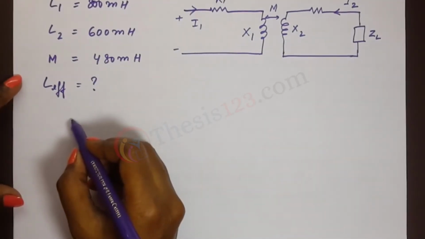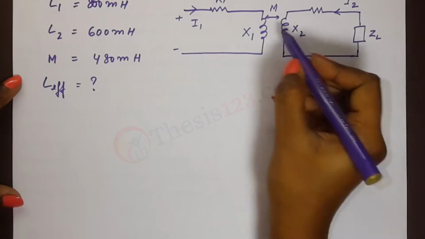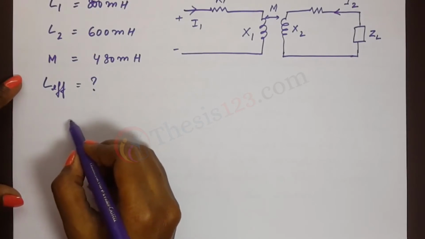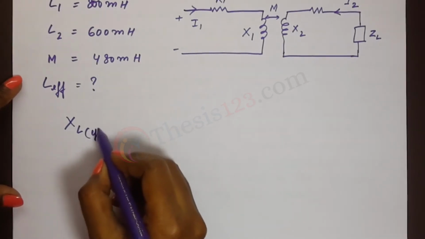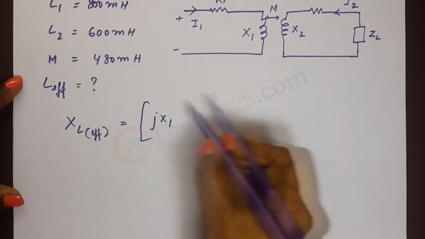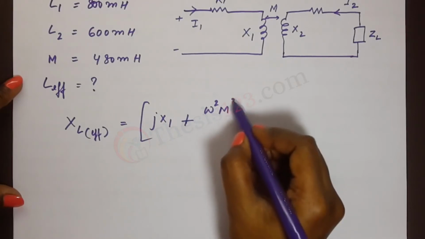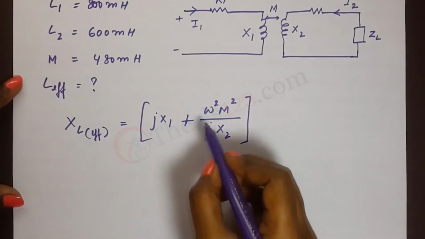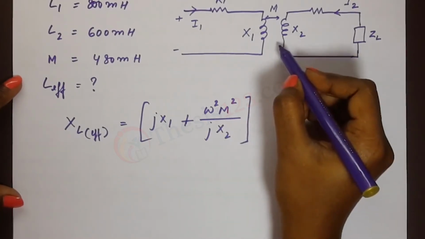So if we consider the inductance of the primary side, the inductance of the secondary side, and the mutual inductance between the two, we can write our expression as XL, which is effective, is equal to jX1 primary plus omega square M square divided by jX2. Now omega square M square is with respect to the mutual inductance.